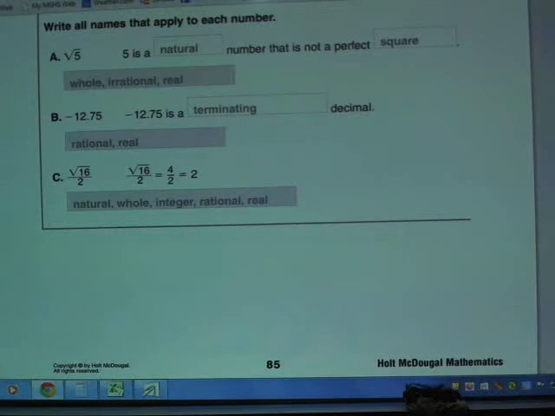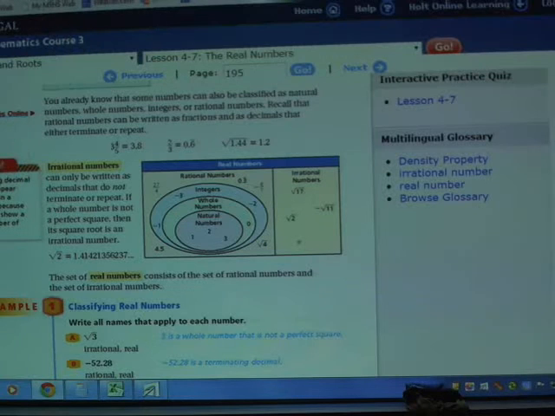Well, if we take a look at this, the first thing they're talking about is 5 by itself would be a natural number, but it's not a perfect square here. So we got to figure out where this is going to fit into that illustration. So if we flip back to the 195 presentation here, we can go ahead and punch the square root of 5 in on a calculator to see what pops up there.